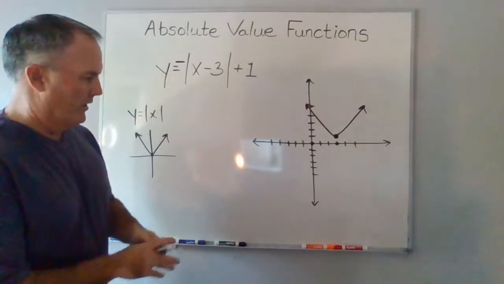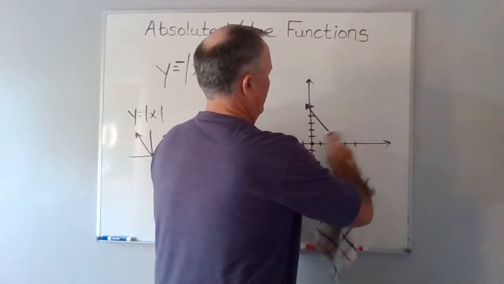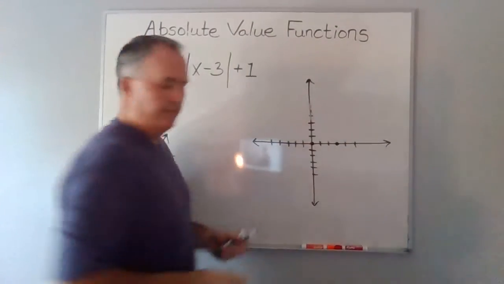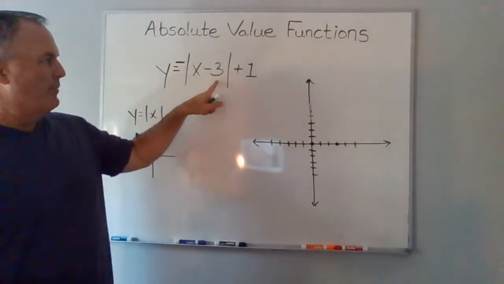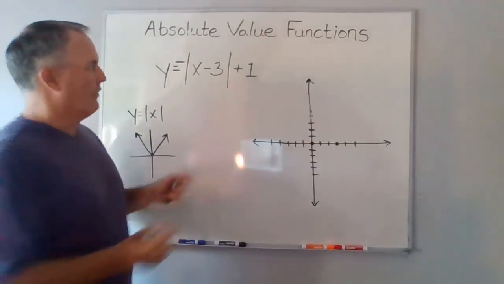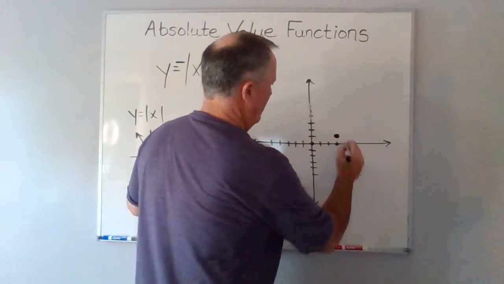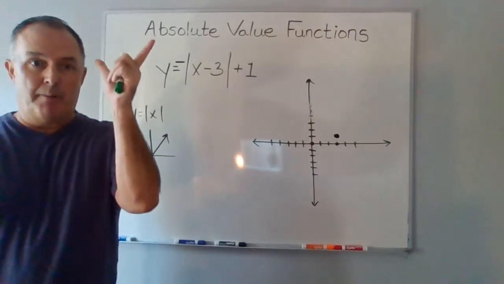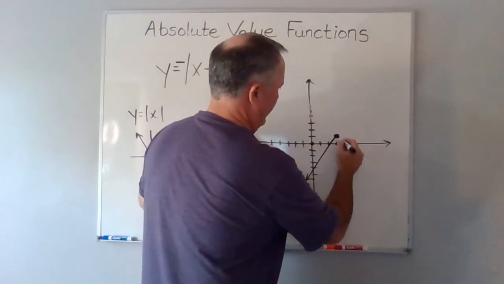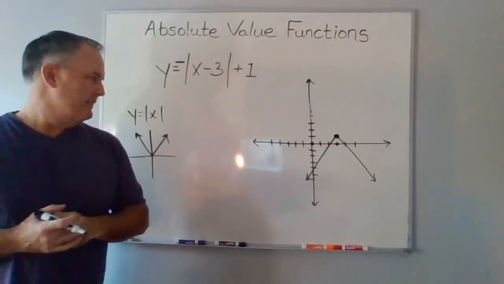So for example, for this one, if I made it a negative, I still would move the point, the bottom of the V, over in the same spot, over 3, up 1. But instead of going up like a normal V, it would actually go down like an upside down V because of the negative sign.